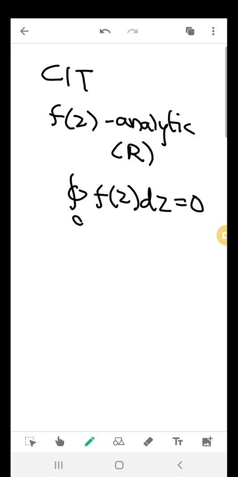Now there is actually a converse of Cauchy's integral theorem, and it is called Morera's theorem.